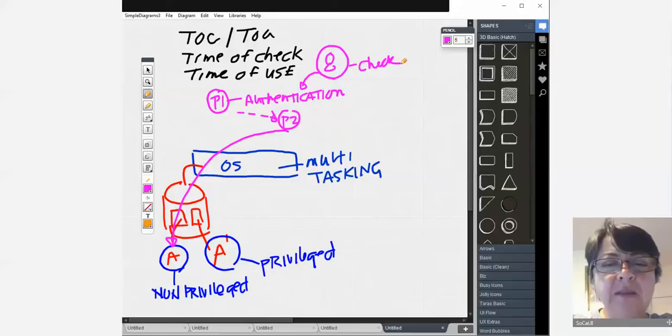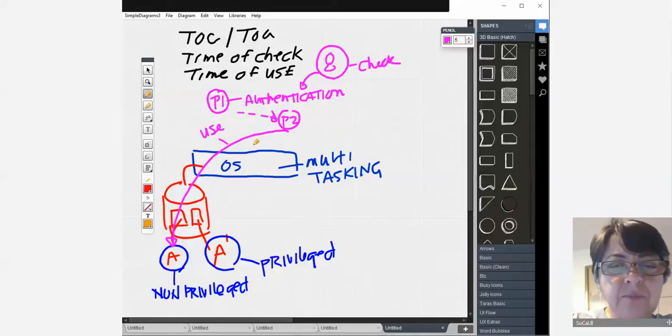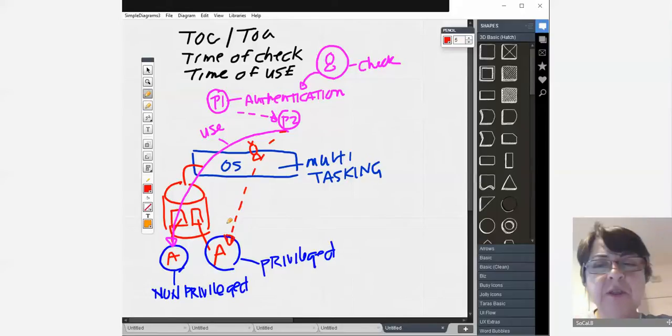Okay, and time of use, this is when you use the file, right? So then you're using it. In the TOC/TOU attack, you have to have an attacker redirecting the process in such a way that you now get access to not the non-privileged account, but the privileged account.